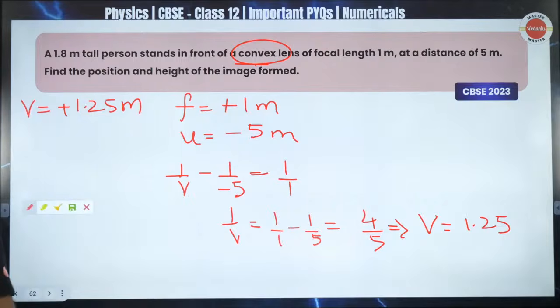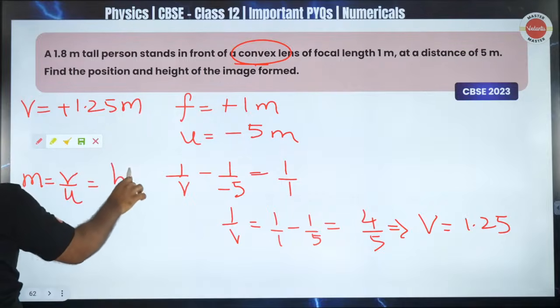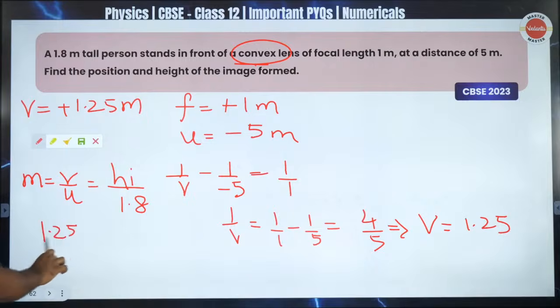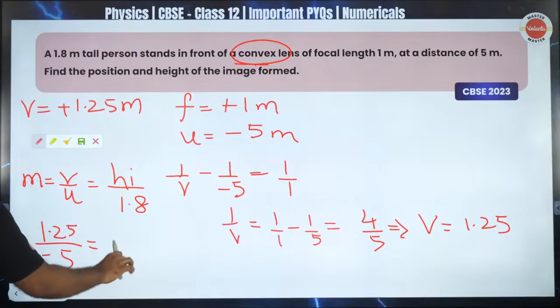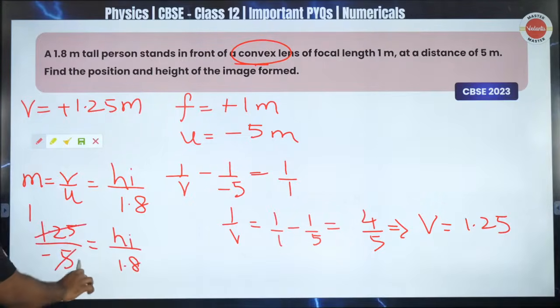Okay? And what is the height of the image? So magnification is V by U, which is equal to height of image by height of object. So V is 1.25, U is minus 5. That is equal to height of image by height of object. So this will be 1 by 4 times.